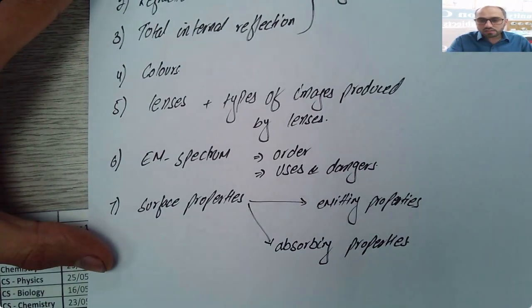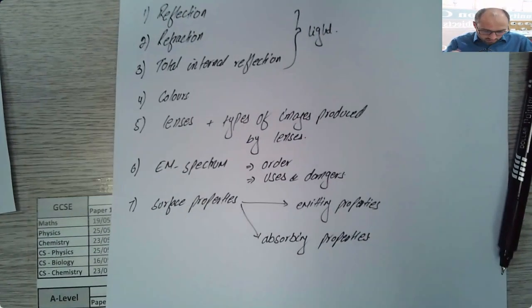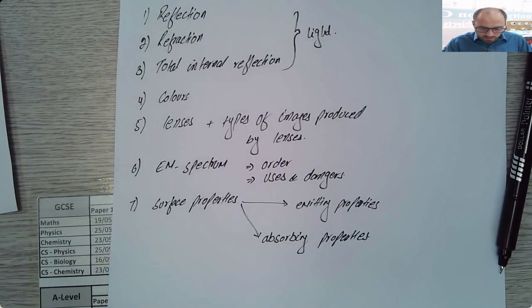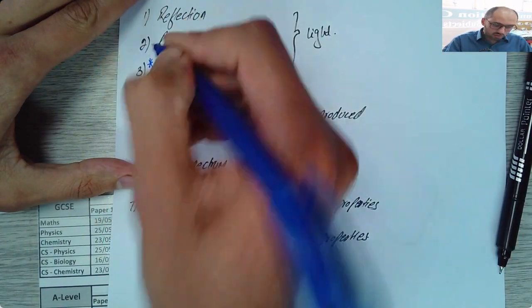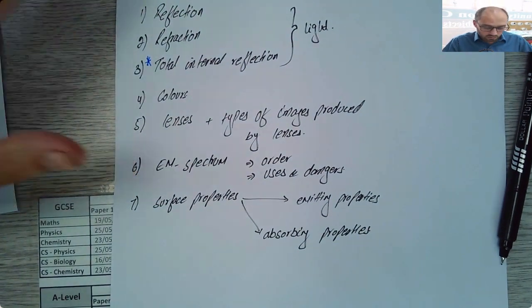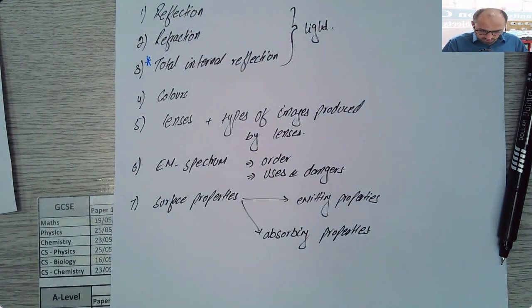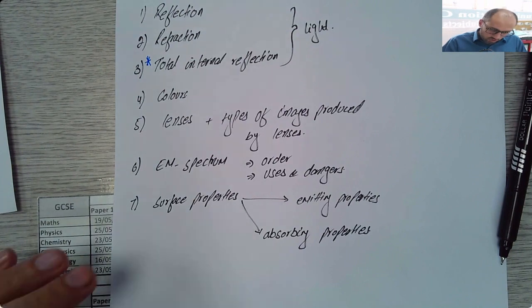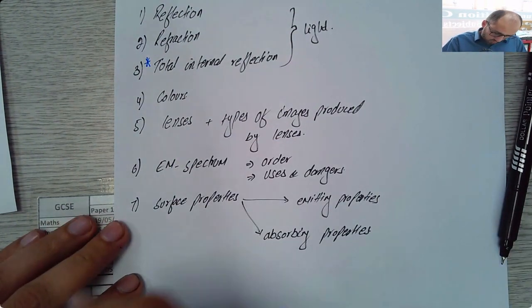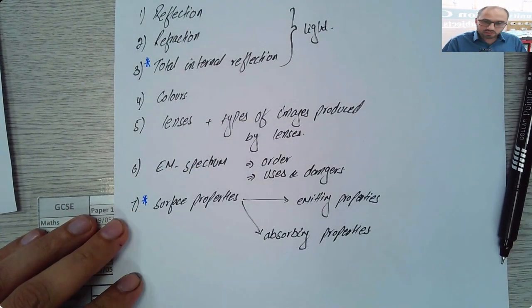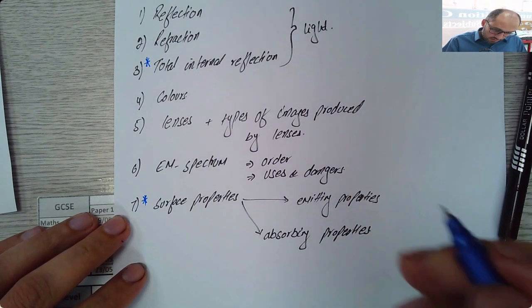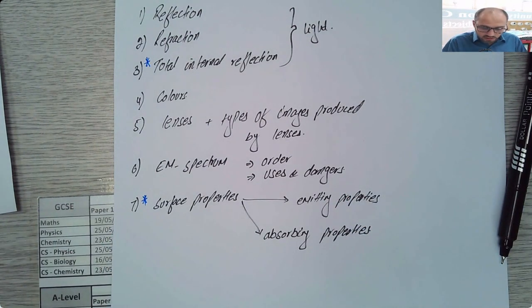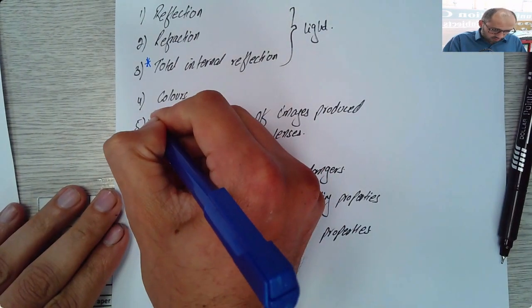Now out of this, the most important bits and something that will carry a lot of marks would be total internal reflection, because you could expect a question on investigation on that, number 1. Number 2, this is again, you can also expect investigation question on this section, and you may expect a ray diagram on this section as well.